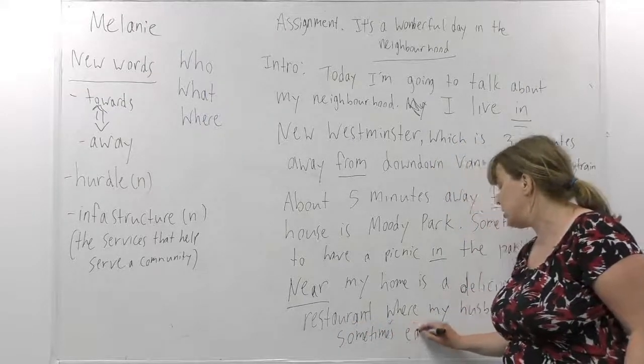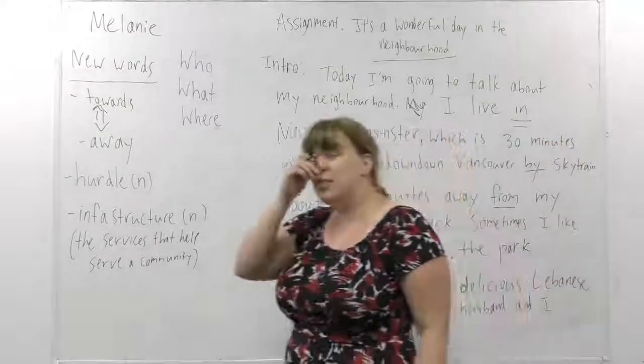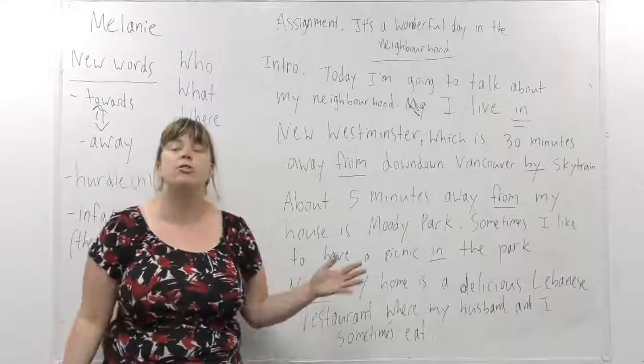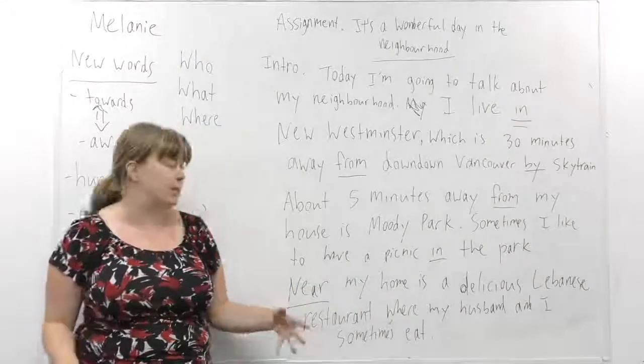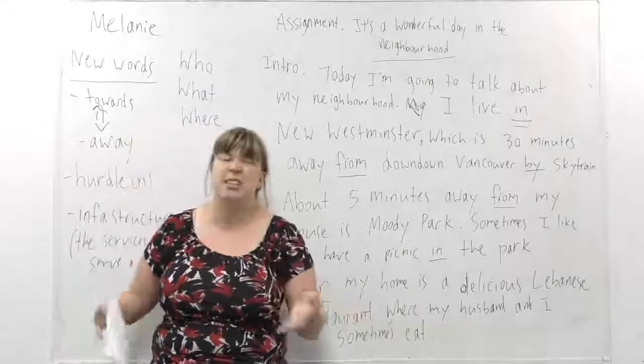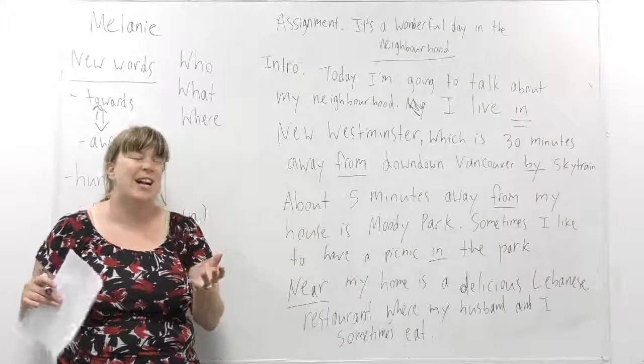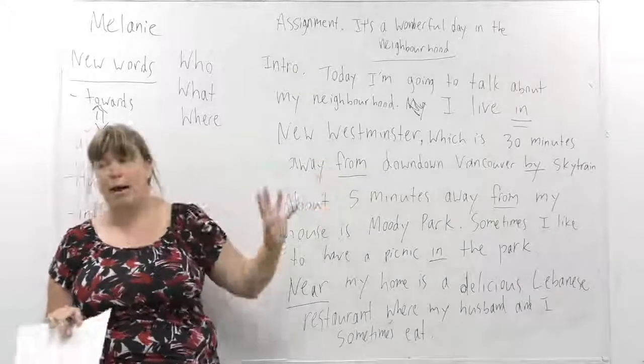This is also true. Near our home, we do have a really nice Lebanese restaurant. So again, a restaurant near your house is something you could talk about. Maybe your favorite restaurant. So this is my intro paragraph.